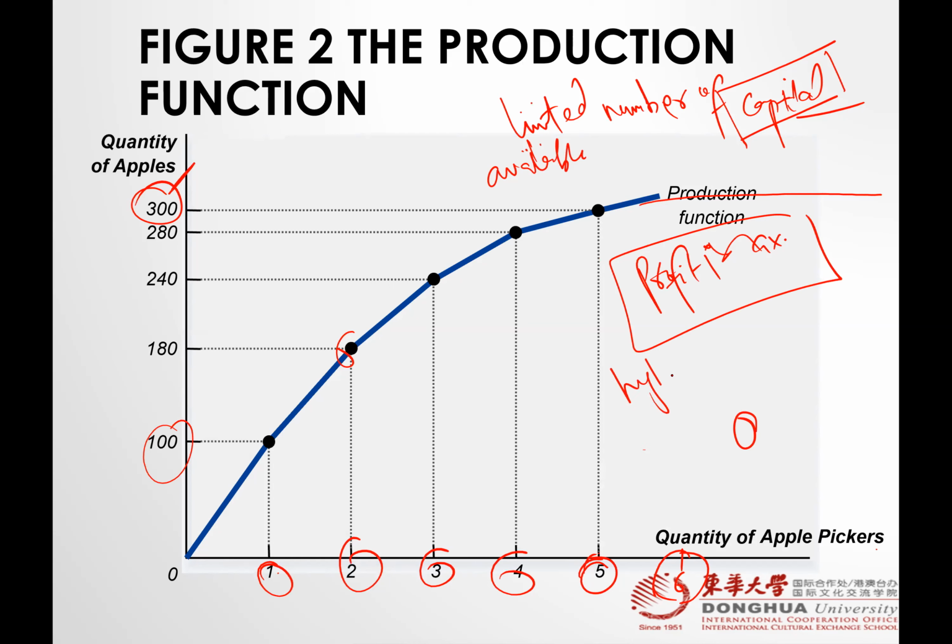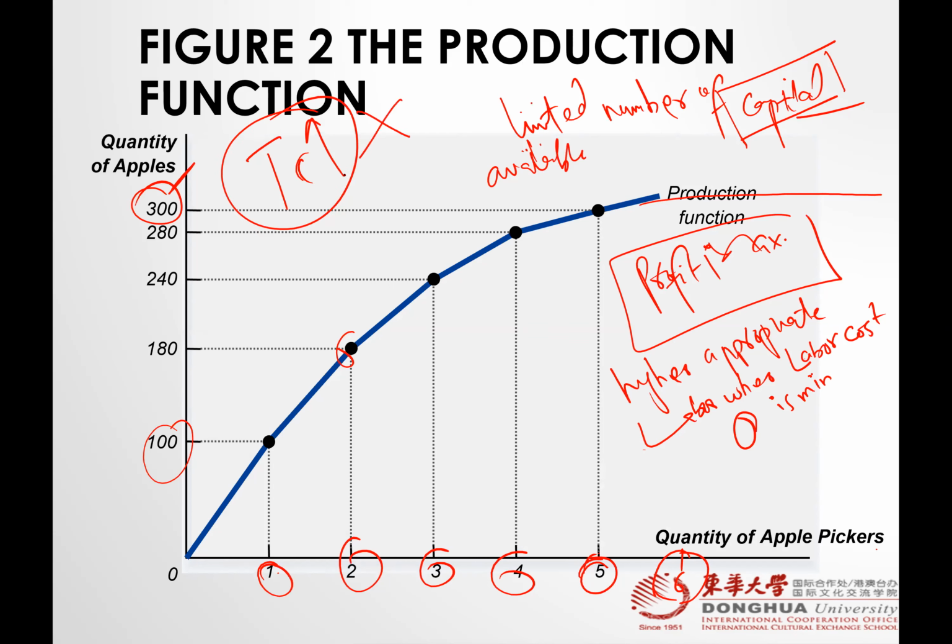Hire appropriate labor where labor cost is minimum, so that we don't hire too many people and our labor cost increases. Our labor cost increases means our total cost increases. When our total cost increases, it means we are not fulfilling our objective, which is maximization of profit, right?